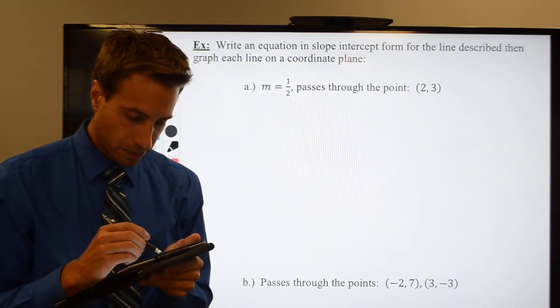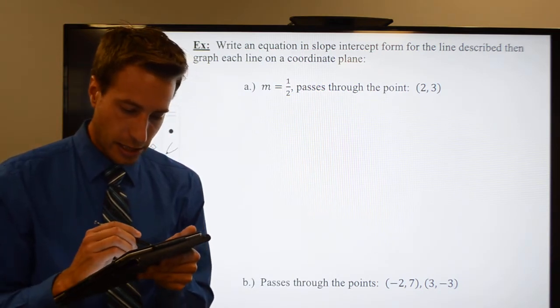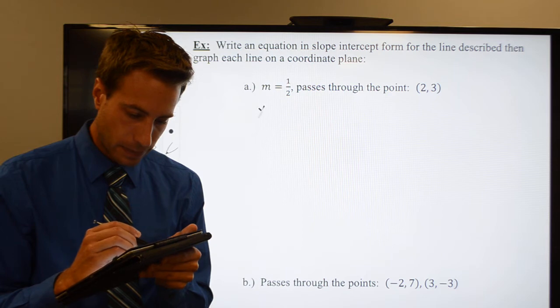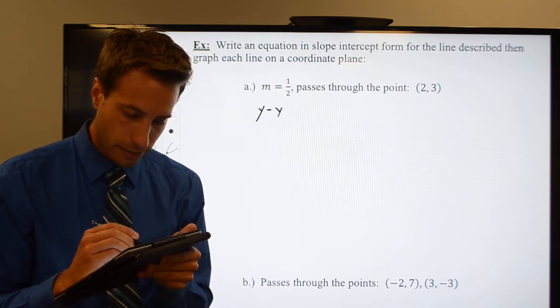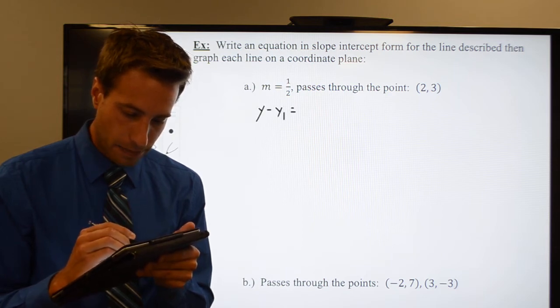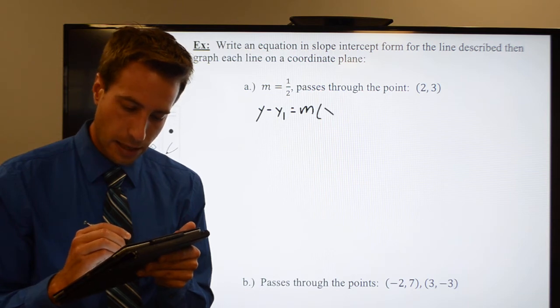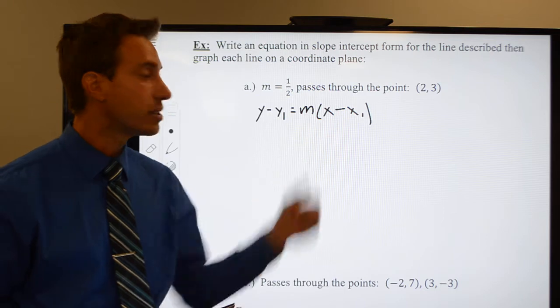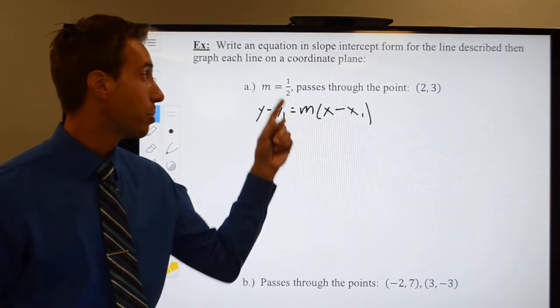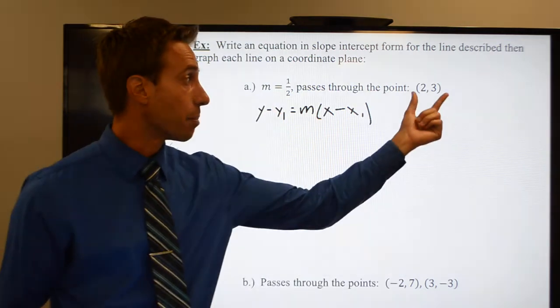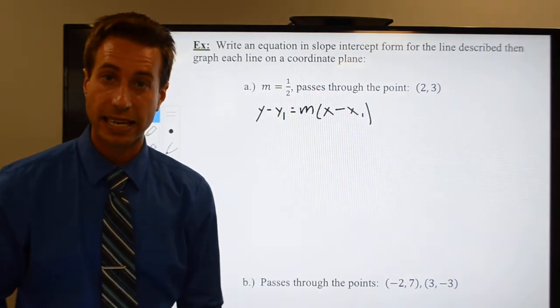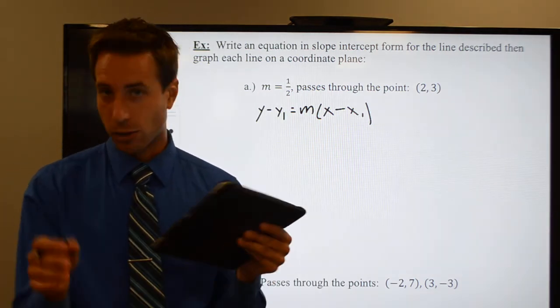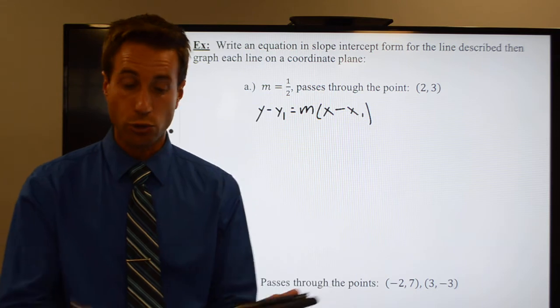Now equipped with this new equation, this problem is a piece of cake. Here we go. My equation is going to be y minus y1 equals m times x minus x1. And in order to use this equation, all I need is a slope, which I've been given, and a point, which I have been given. Plug and chug, don't make any arithmetic mistakes, you should be good to go.